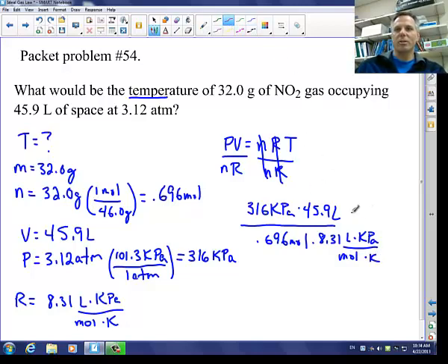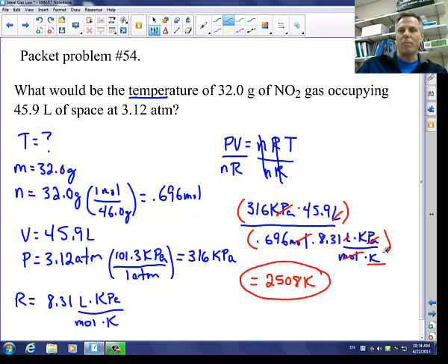Now I can just double check this to make sure that the liters cancels with liters, kilopascals with kilopascals, moles with moles. We're going to end up with Kelvin as our final value. When you multiply this out, be sure to take everything on top in parentheses, divided by everything in the bottom in parentheses. And when you do that, you get a final value of 2,508 Kelvin. So that's your final answer for this problem.